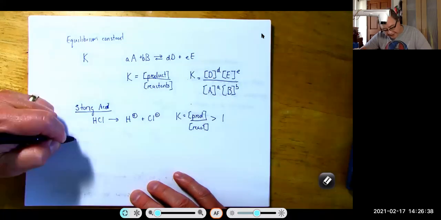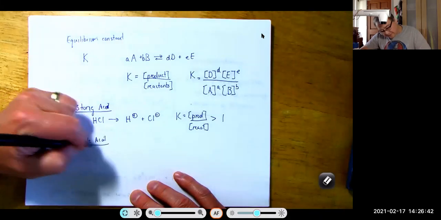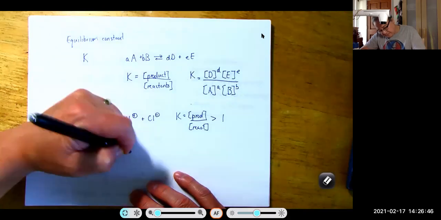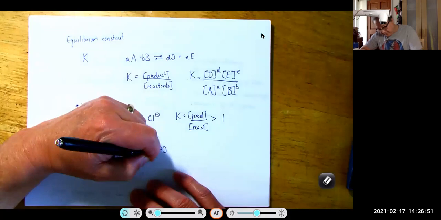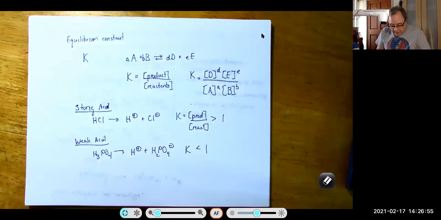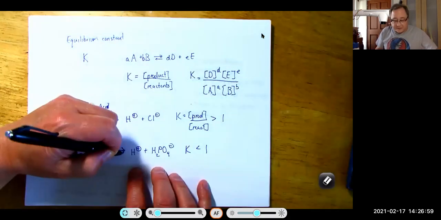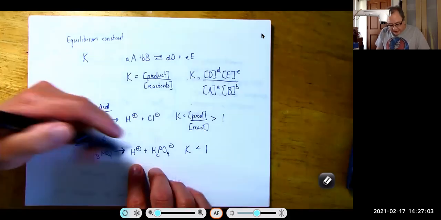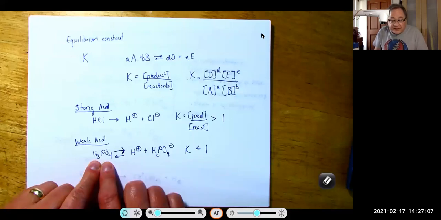Now for weak acids, like this one, K is going to be less than 1. Because remember how I told you, and if you don't remember this, it's no big deal, but in these equilibrium reactions, usually it's like 100,000 of these and 1 of each of these.